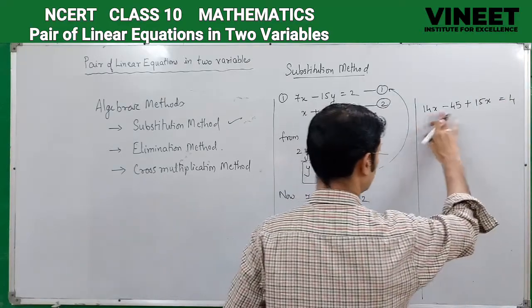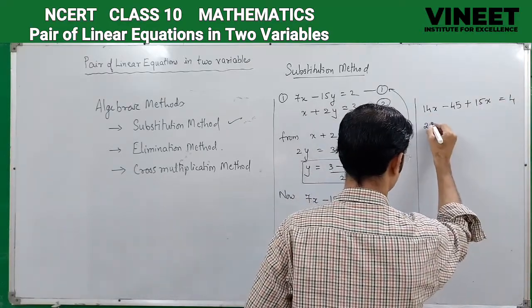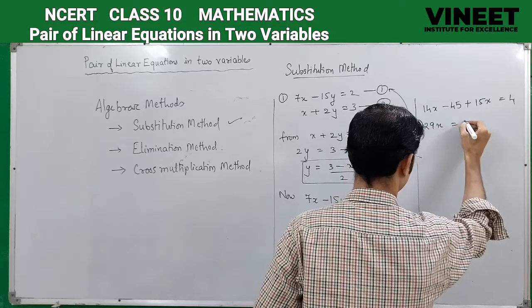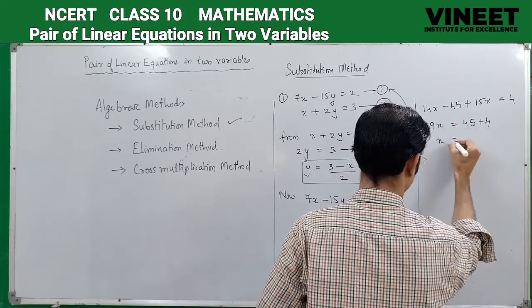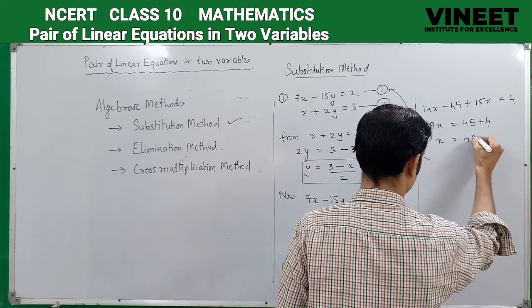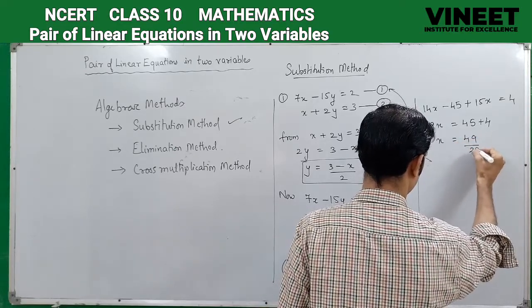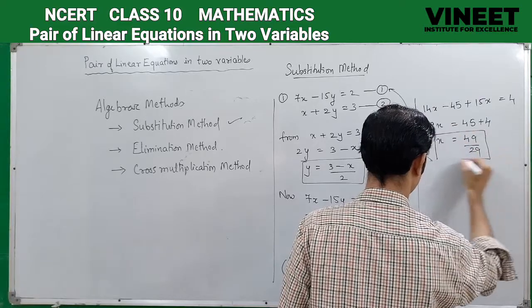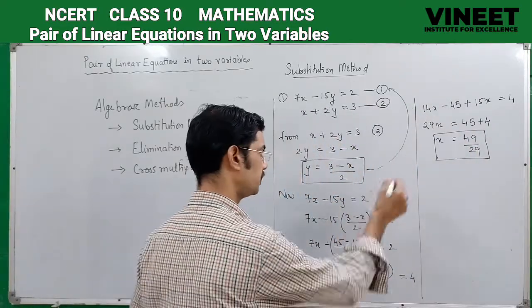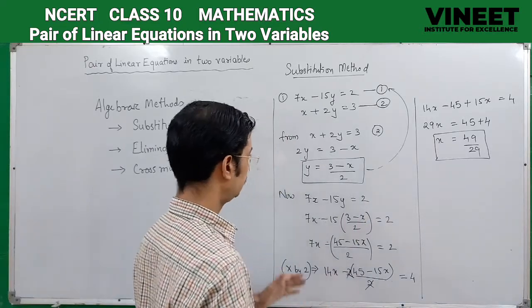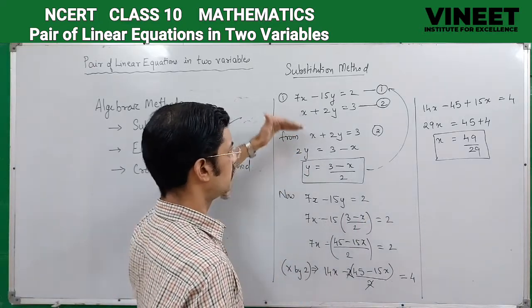So 14 plus 15 is 29, 29x is equal to 45 plus 4. So x will be equal to 49 by 29. Now we shall substitute this value of x into any one of the equations.